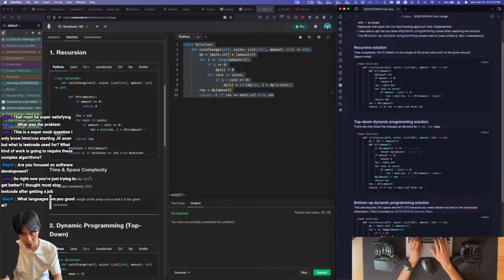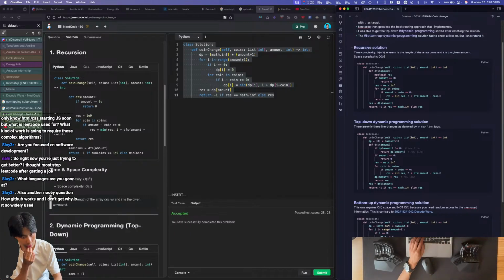Space complexity is O of t. Why? Because the depth of the DFS.